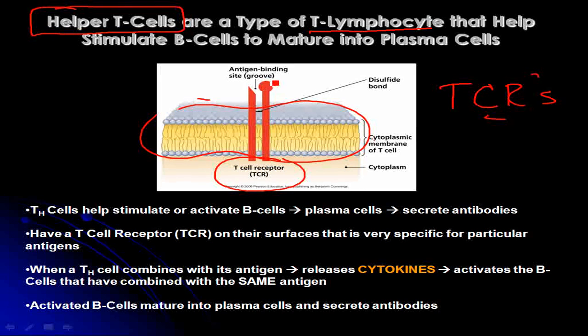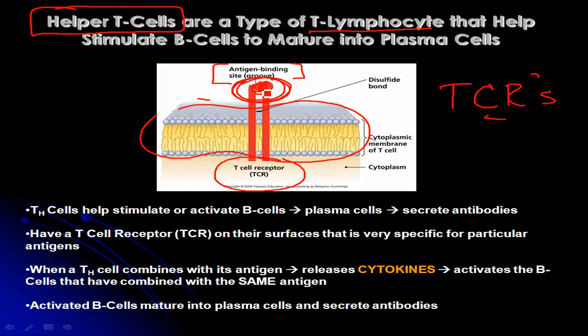And at the very end of the portion that's extending outside of the surface of the cell, there's an antigen binding site, very similar to what you have on an antibody. And that antigen binding site or groove is going to bind to a very specific antigenic determinant or epitope on an antigen.